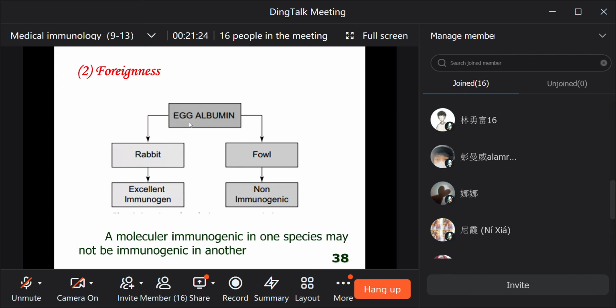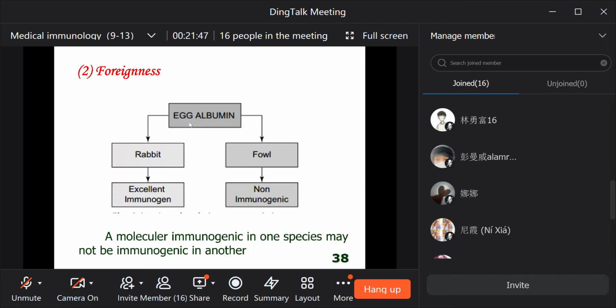mostly is not immunogenic. Why? Because the egg albumin is from a chicken. The chicken and the fowl are similar.